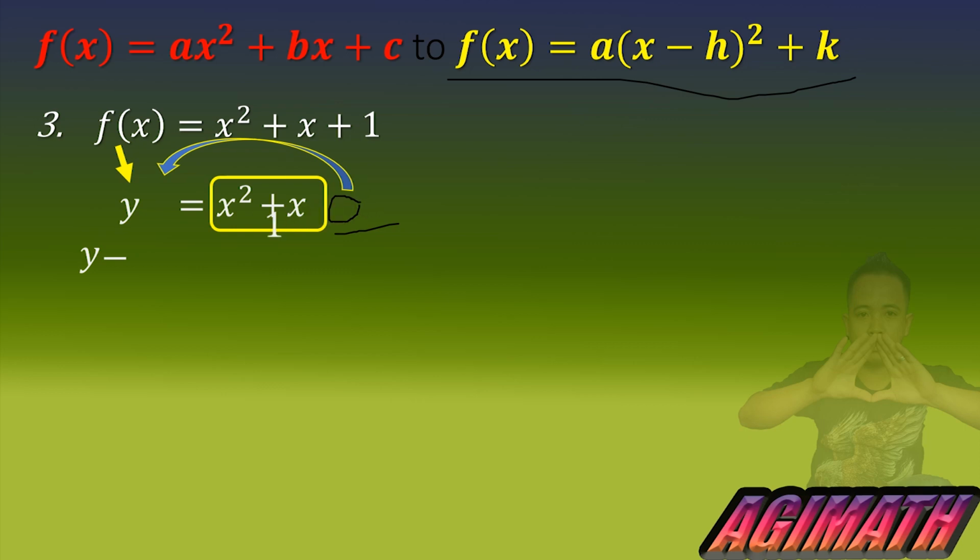And then copy 1, and copy the remaining terms because we have nothing to do with them. In this step, we are just transposing 1 to the other side. Again, do not forget to change the sign because that is one of the common sources of mistakes of students.